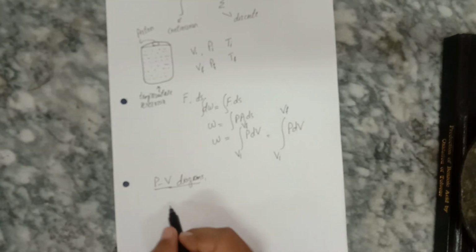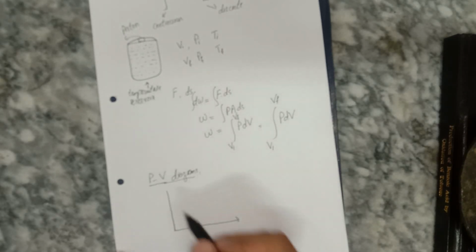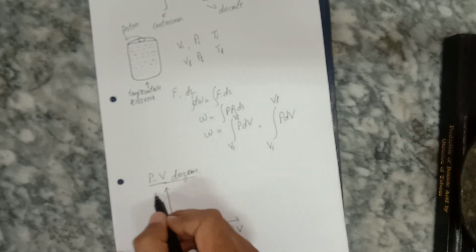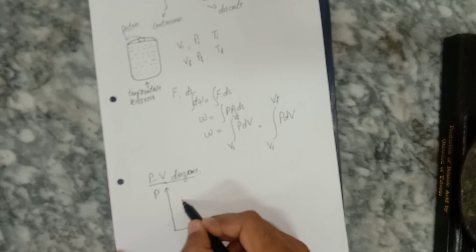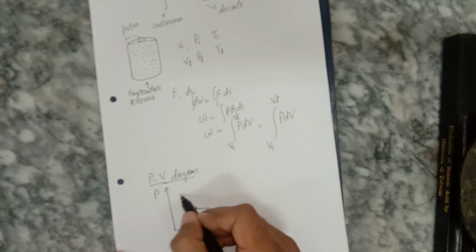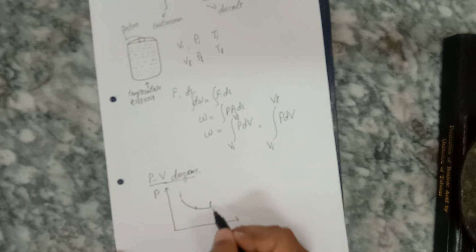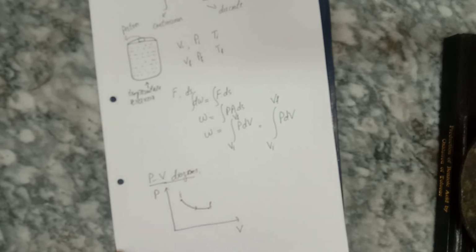Suppose, in the first diagram, this is my volume, and along the y-axis is pressure. Suppose the system undergoes a change like this. This is my initial state, and this is my final state.